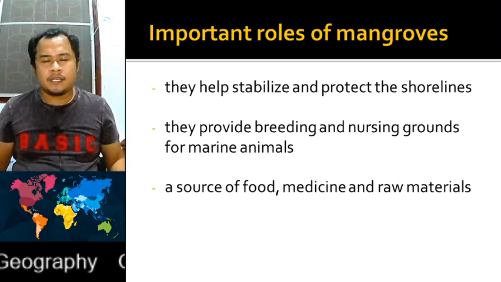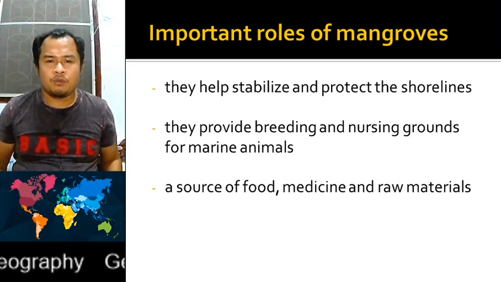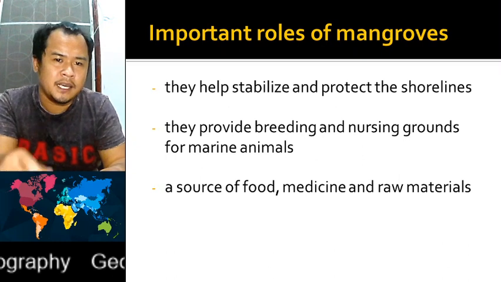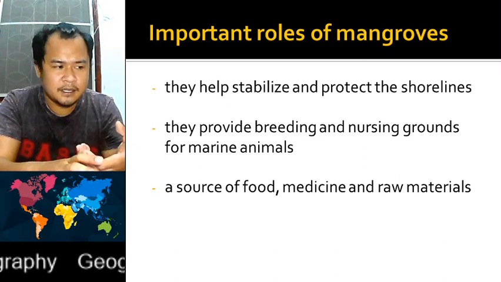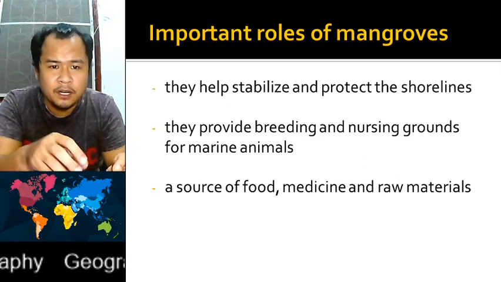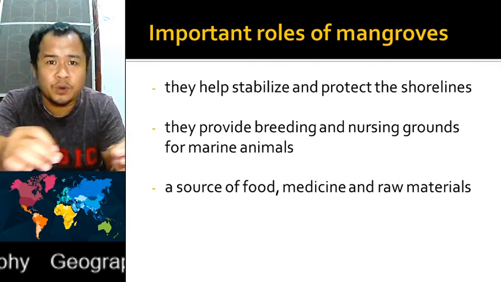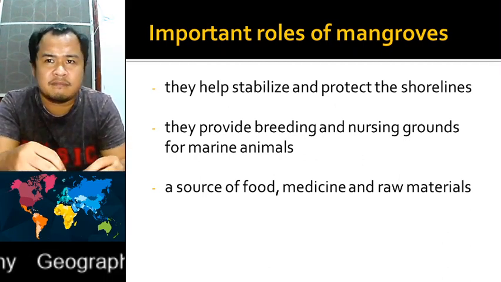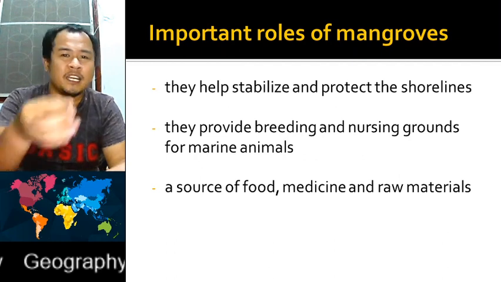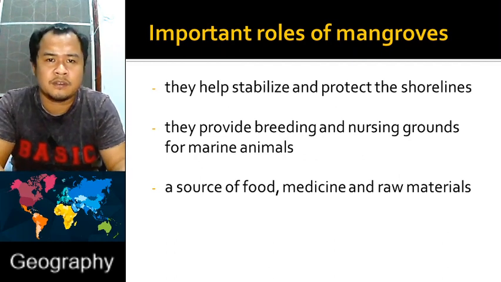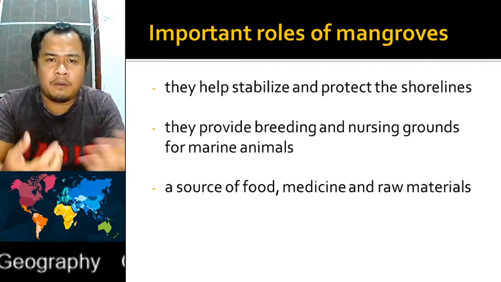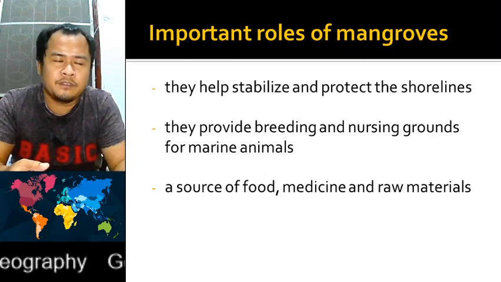I remember watching a video where people would literally cut the roots of the mangroves and then open them, and inside there are worms and long slimy things that they would eat. So it's a source of food for them.